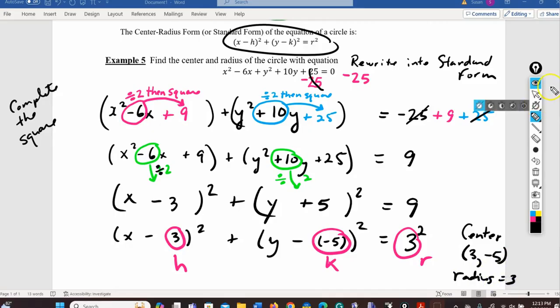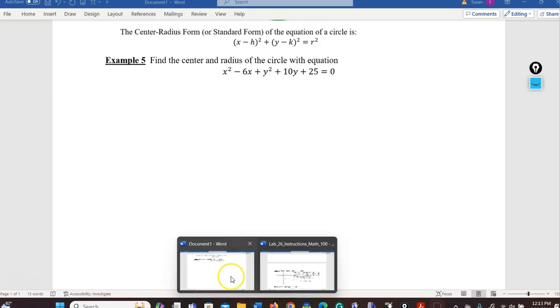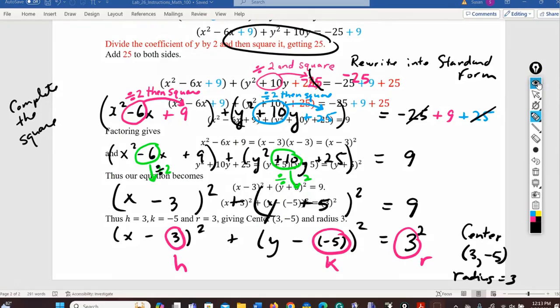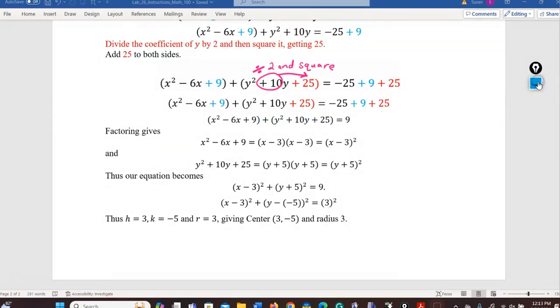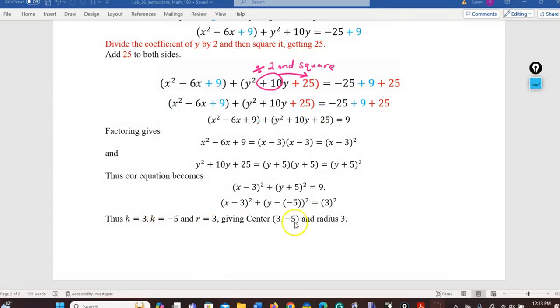All right, so let's just check and make sure we have the same thing over here. We had center 3 comma negative 5 and radius 3. So that's checking out with what we did down here. Now I did this the long way.